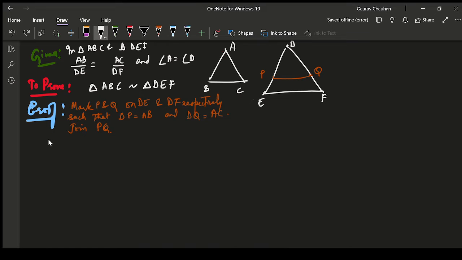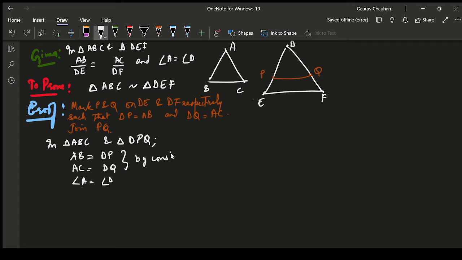Right, so let me just do that part here. So in triangle ABC and triangle DPQ, we have AB equal to DP, we have AC equal to DQ, and we have angle A equal to angle D. The first two things are by construction, and this last thing is given to us.